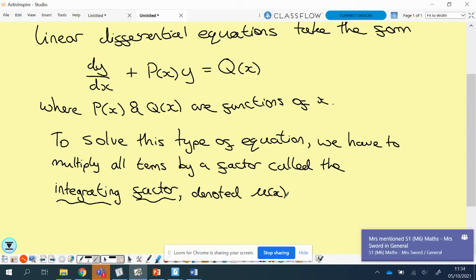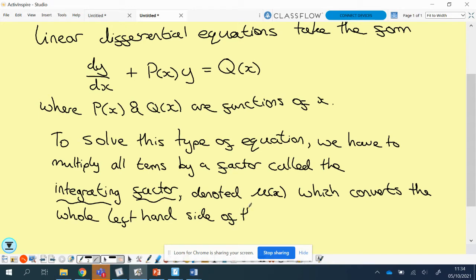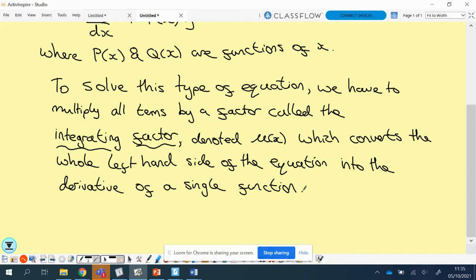Okay, mu of x, which converts the whole left-hand side of the equation into the derivative of a single function. Okay, so that's what it's going to do.